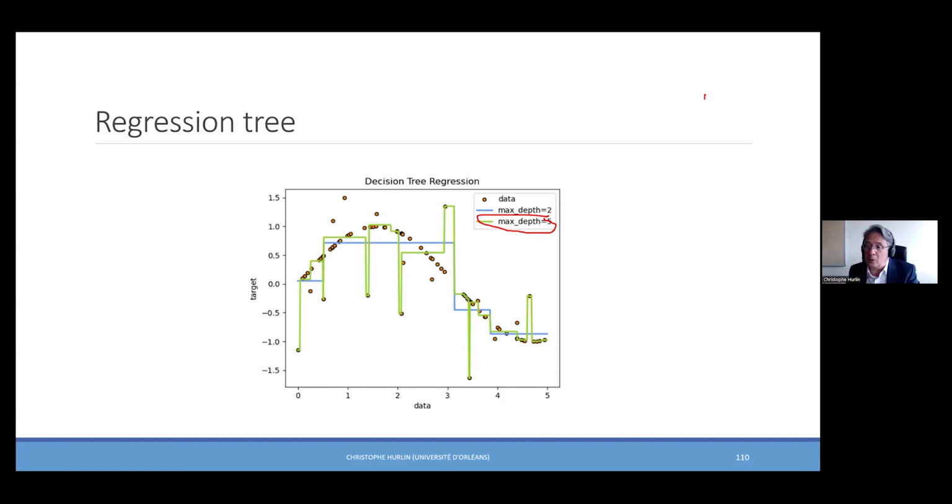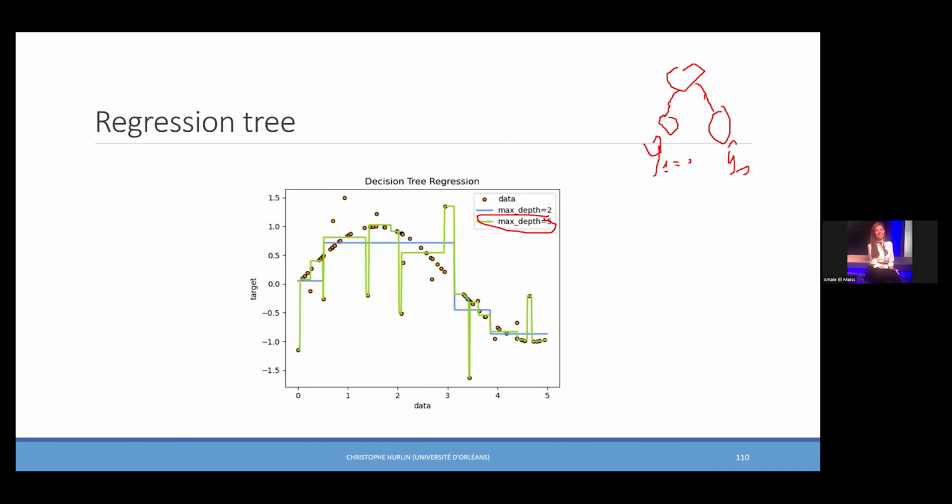But we know that if the depth of the tree decreases too much, for instance, if I have a tree with a depth equal to 1, what does it mean? It means that this model is only able to produce 2 values. Yes, this means that it's not representative of the model if I want to explain something, right? Yes, exactly.